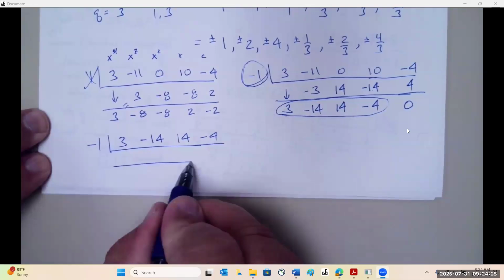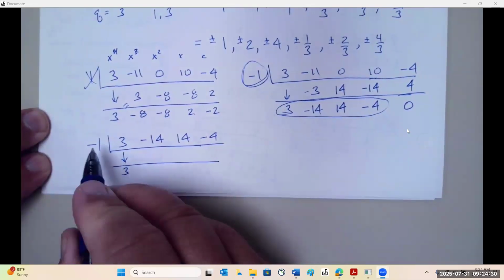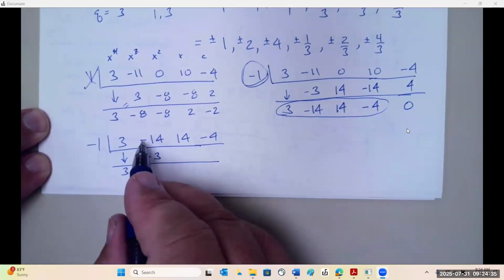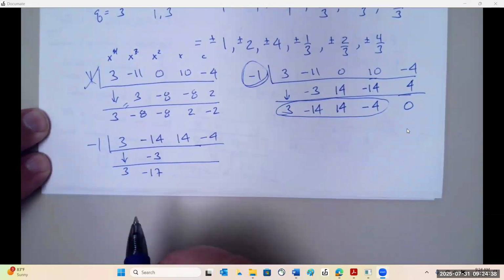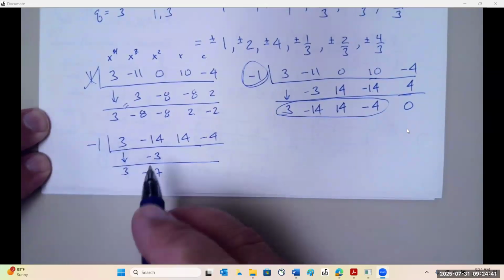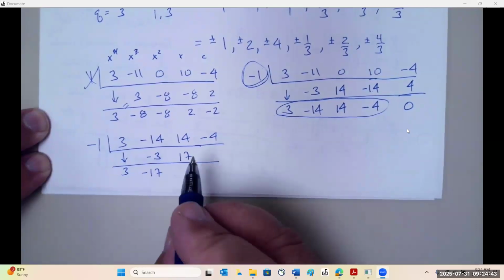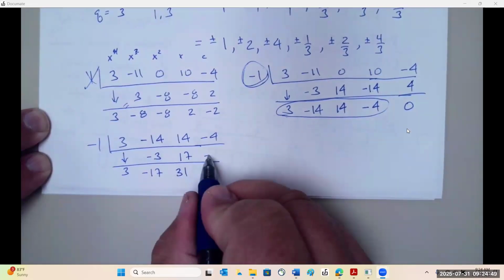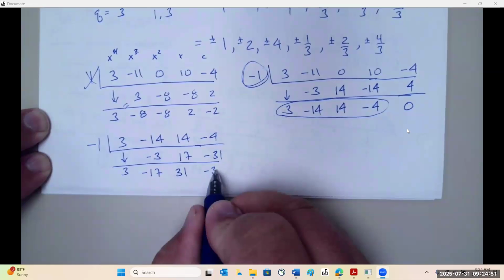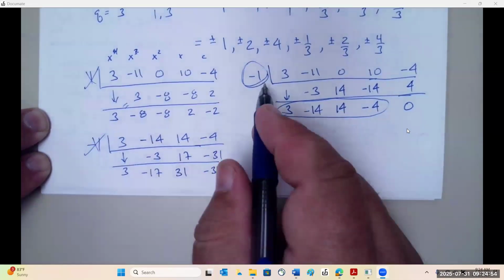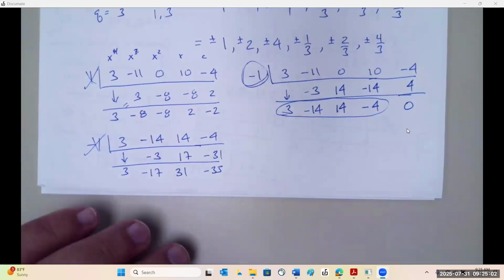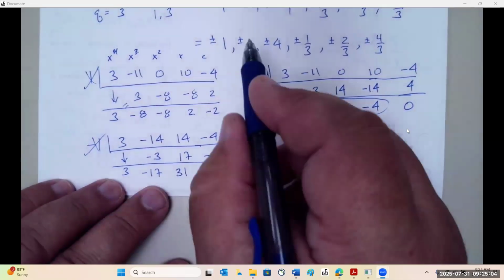So bring down the first term. -1 times 3 is -3. -14 plus -3 is -17. -1 times -17 is +17. 14 plus 17 is 31. It's going the wrong direction. So -1 only happens once. So we try the next number.